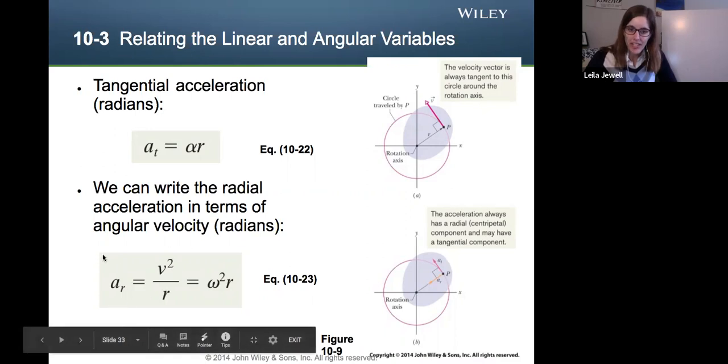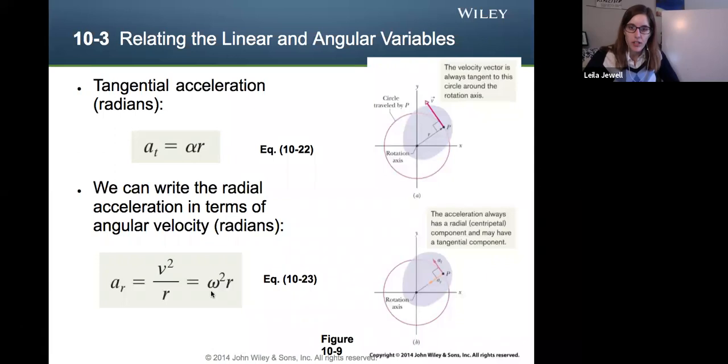So here we have an a sub r to specify that it's in the radial direction, but you could also call it a sub c, and that'd be just as fine. And you can, using the conversions on the previous page, write this radial acceleration in terms of the angular velocity squared times r, where the angular velocity is in units of radians per second, keeping those units straight.